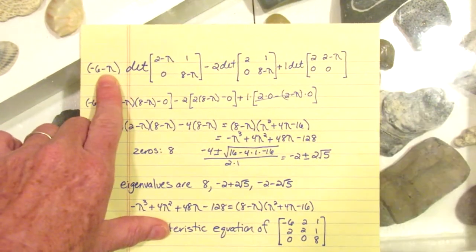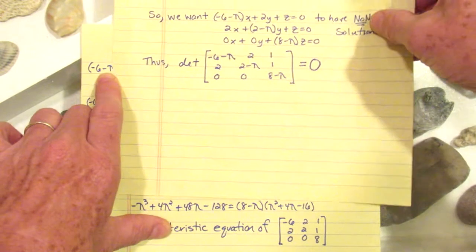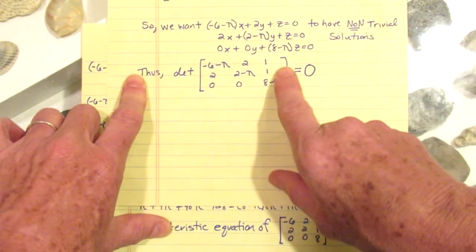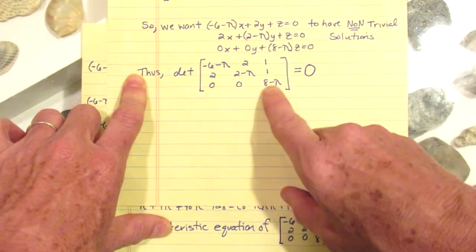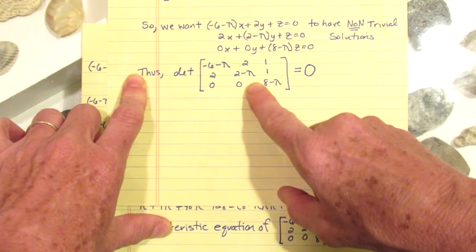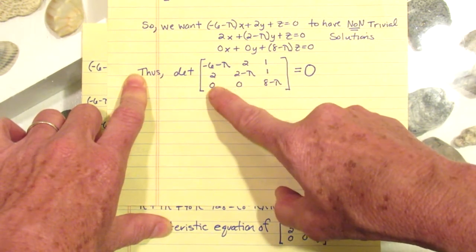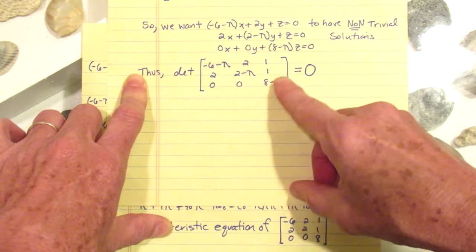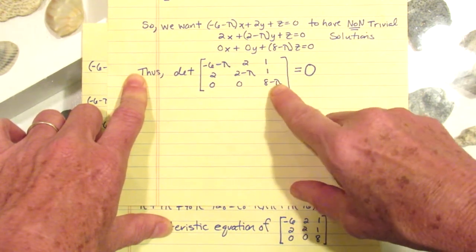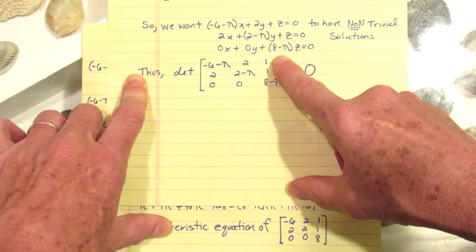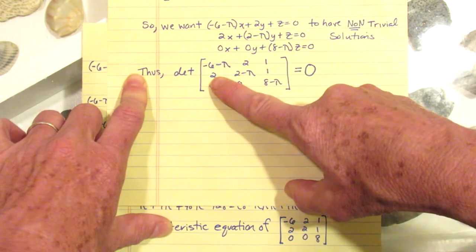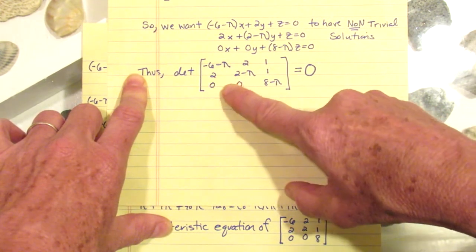So I go across the row, and I take this times the determinant here, and then I subtract this constant times the determinant made with 2, 0, and 1, 8 minus lambda, and then I add 1 times the determinant made by these 4 values here.